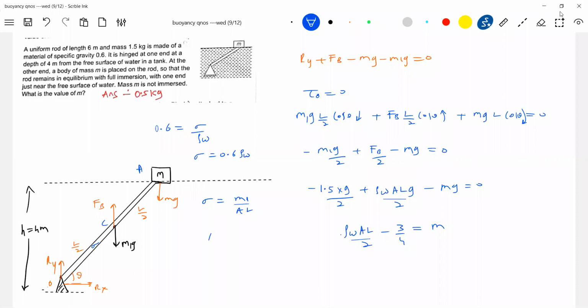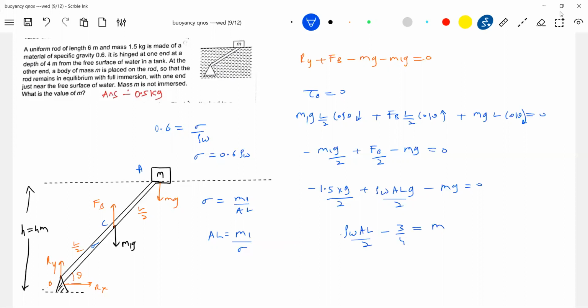So what is now A? You can write it in place of A. You should write it as m1 by sigma L. You see that it will become very simple. Or directly A L you can replace here. Just some calculation, nothing, m1 by sigma.